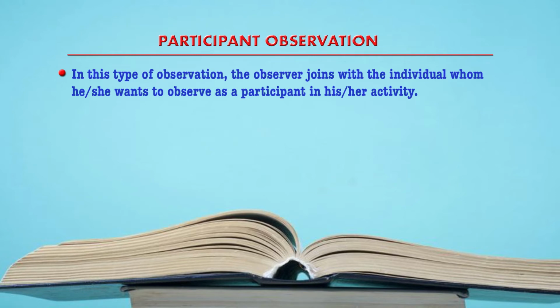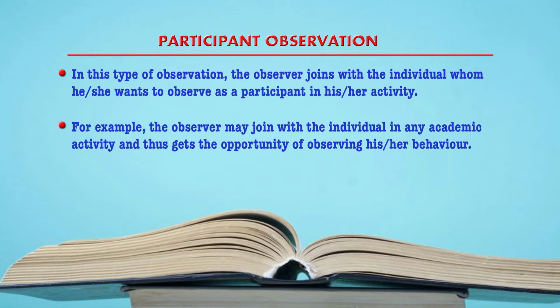Then the third way by which we can observe is participant observation. As the word itself signifies, participant means you as an observer are also a part of the activity, a participant in the activity. In this type of observation, the observer joins the individual whom he wants to observe as a participant in the activity.